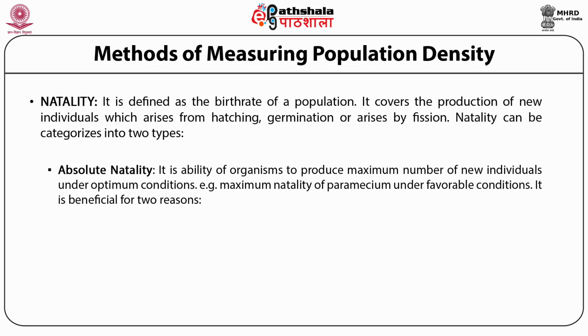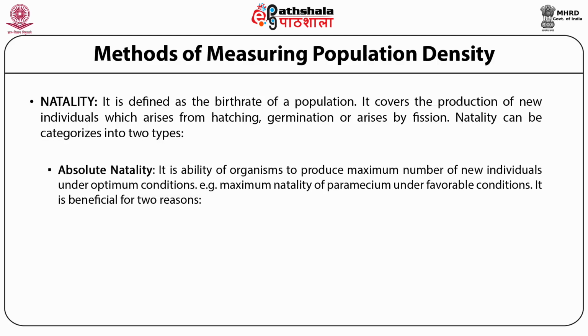Physiological natality can be defined as the physiological ability of organisms to produce the maximum number of new individuals under optimum conditions. It is always constant for a given population.